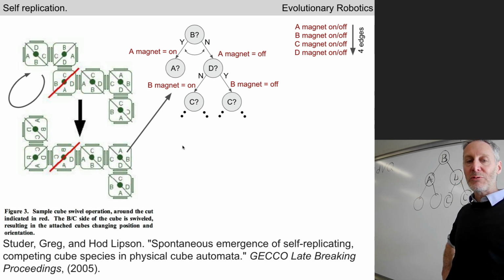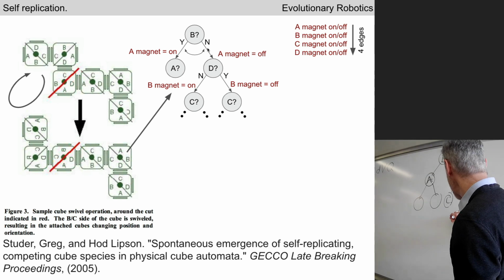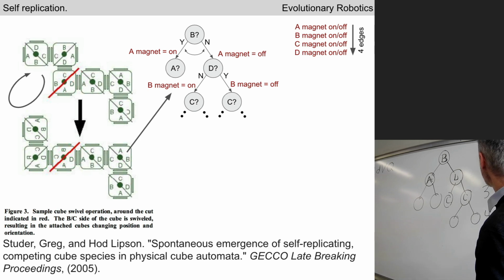And then the final level in the tree is what to do with the D magnet. So this binary tree has a depth that's set at, 1, 2, 3, 4, no, sorry, depth 5.